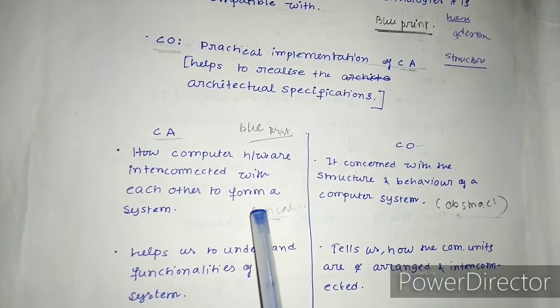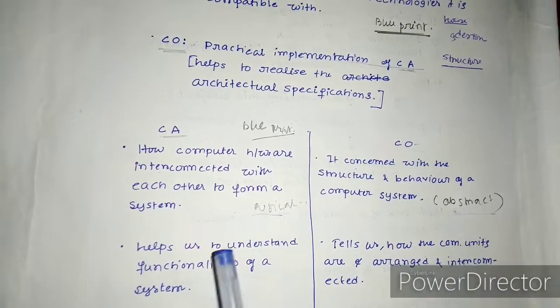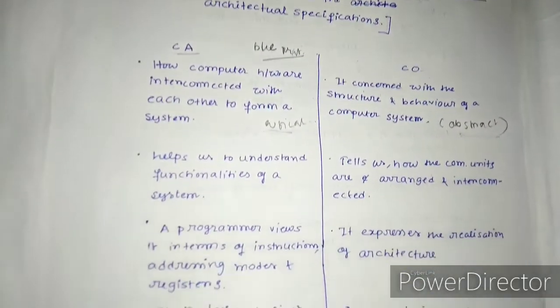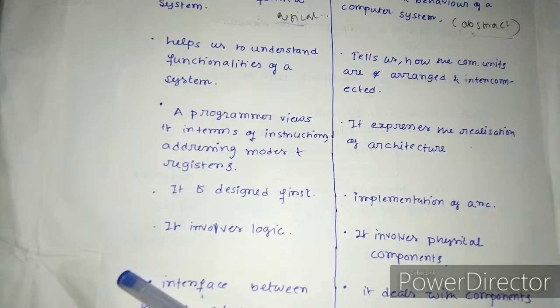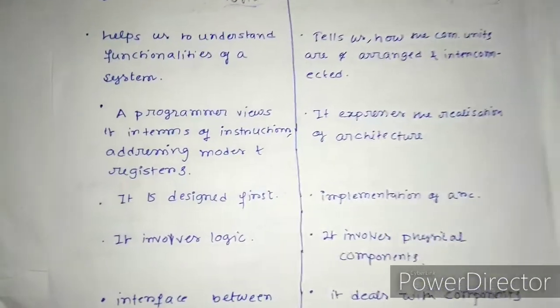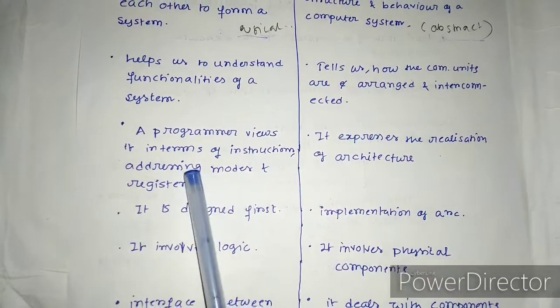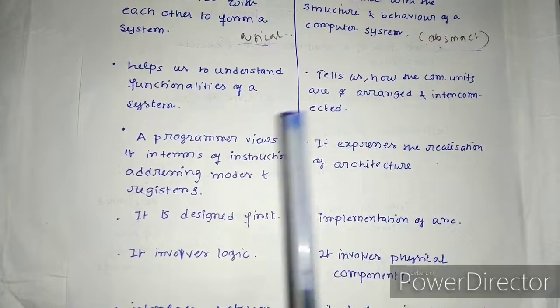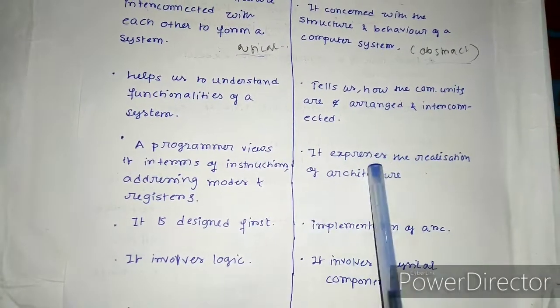So more precisely you can say that it is a logical view and it is an abstract view. CA helps us to understand the functionalities of a system, and CO tells us how the computer units are arranged and interconnected with each other. A programmer views in terms of instruction, addressing mode and register. It expresses the realization of the architecture.